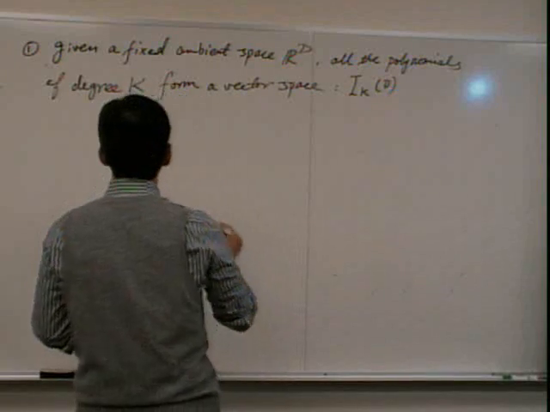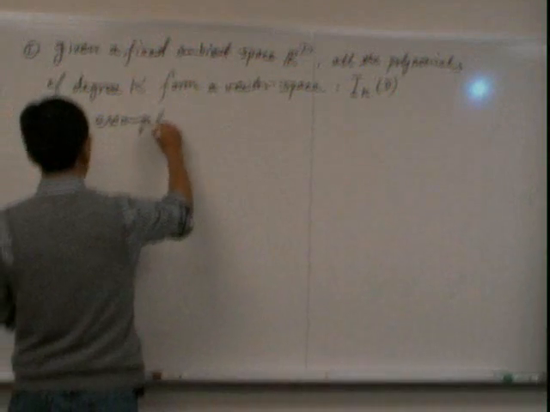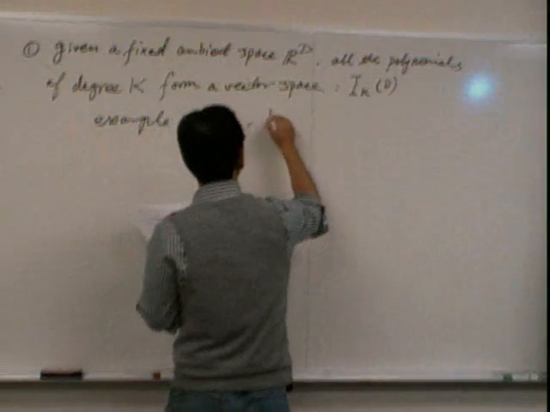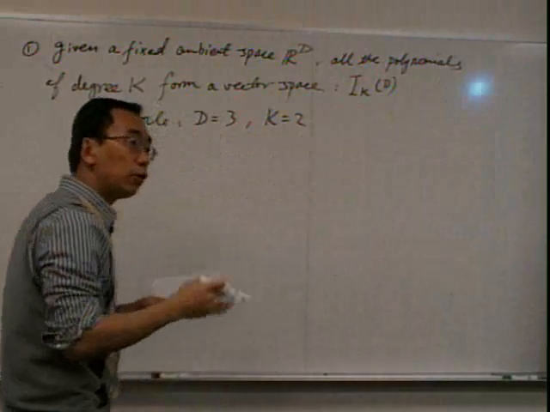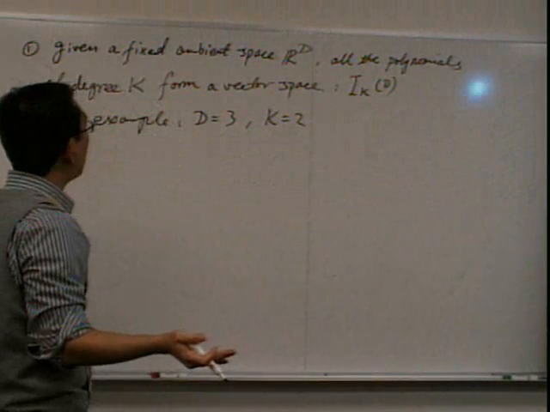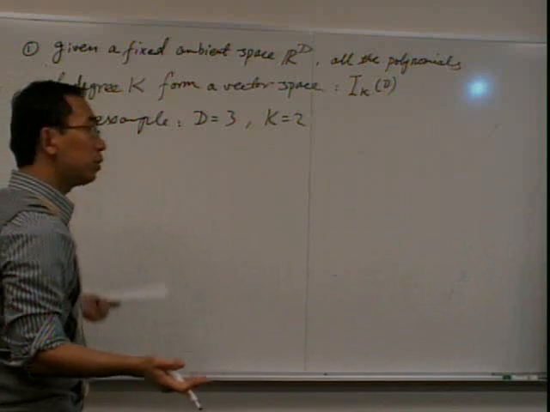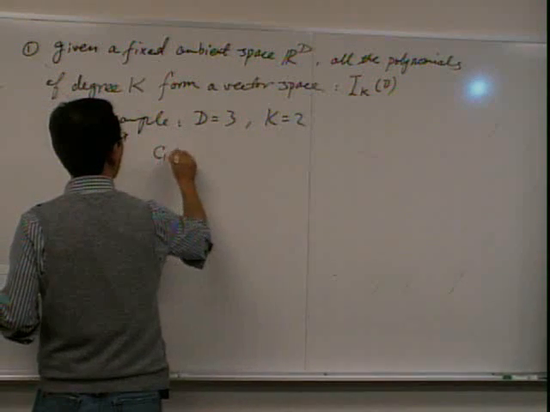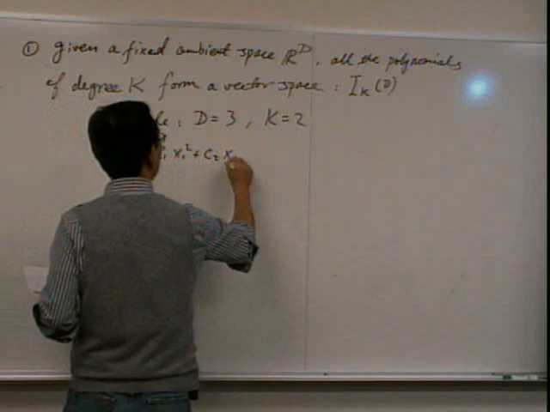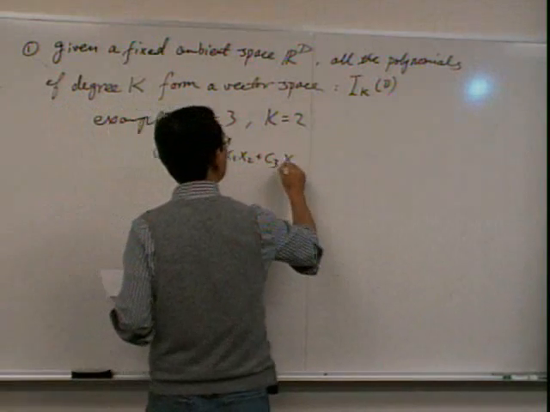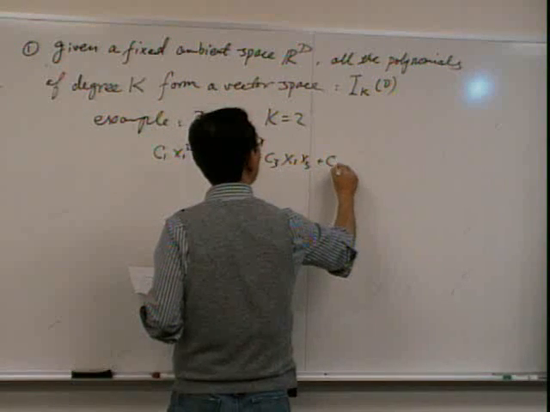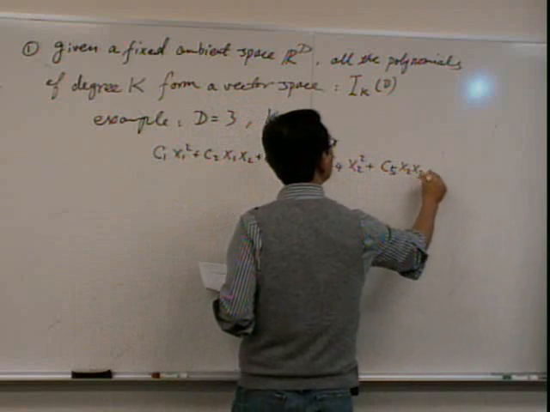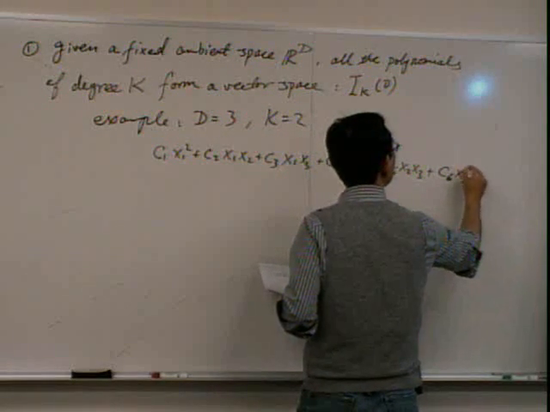For example, when d equals 3 and k equals 2, we already know that any homogeneous polynomial of degree 2 can be written as c1 x1 squared plus c2 x1 x2 plus c3 x1 x3 plus c4 x2 squared plus c5 x2 x3 plus c6 x3 squared, right?